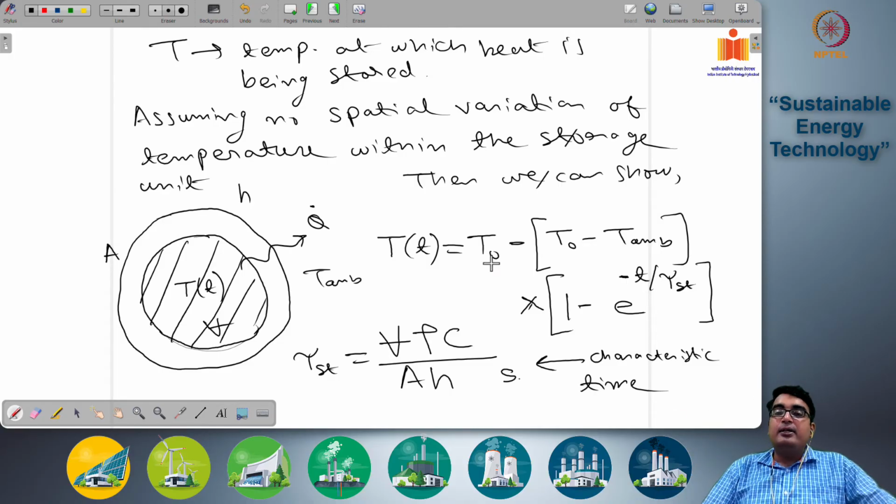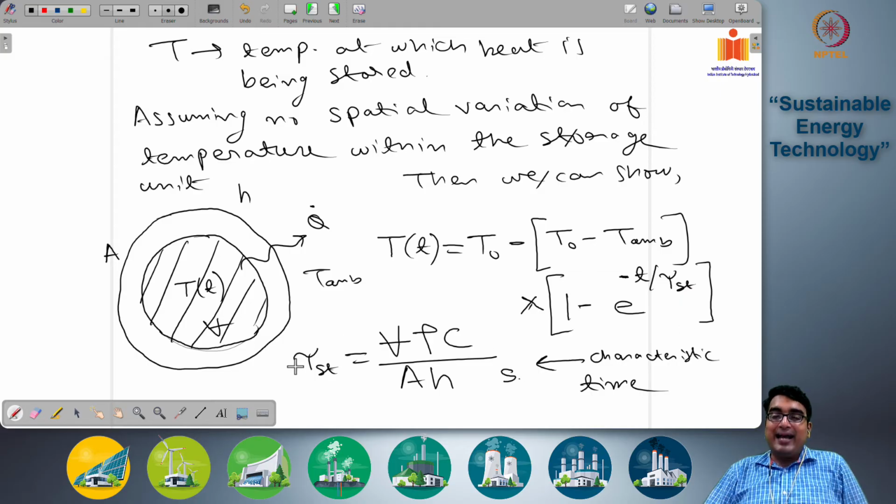So clearly the temperature at t tending to infinity should be equal to T ambient. Is this happening? e to the power minus infinity is 0, so 1 minus 0 becomes 1. So this becomes T0 minus T0 plus T ambient. So the temperature at infinite time approaches T ambient. So this is the correct expression: T0 minus T ambient into 1 minus exponential minus t by tau st.